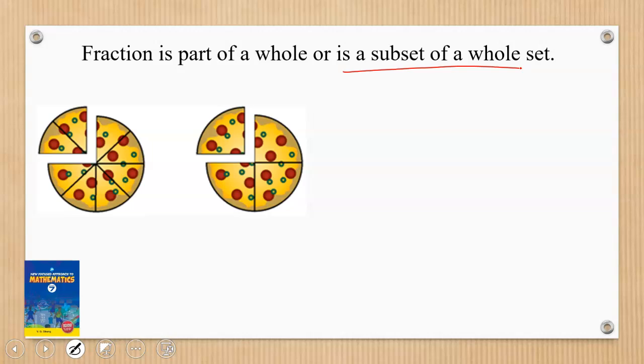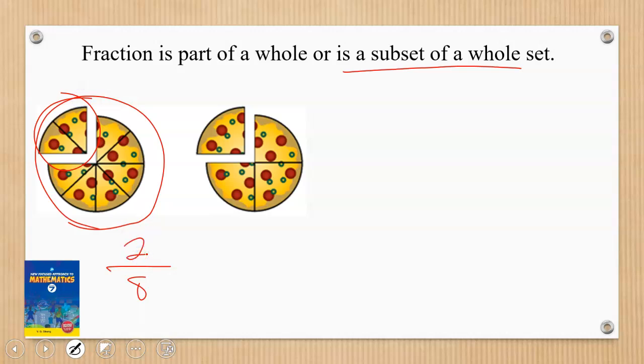Now, let me explain. When you say a fraction is part of a whole, let's say we have this as a pizza. It has been divided into 8 equal parts. Two parts have been taken, and so the part that has been taken is 2/8.